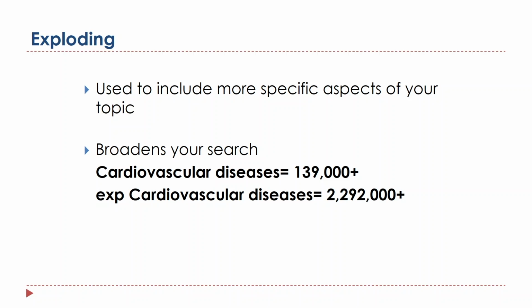So for example, it will include stroke as well as heart attacks or aneurysms, etc. So exploding a search will broaden your search. If you just search for cardiovascular diseases, you will get around 139,000 results, whereas if you explode it, you'll get over 2,292,000 results.